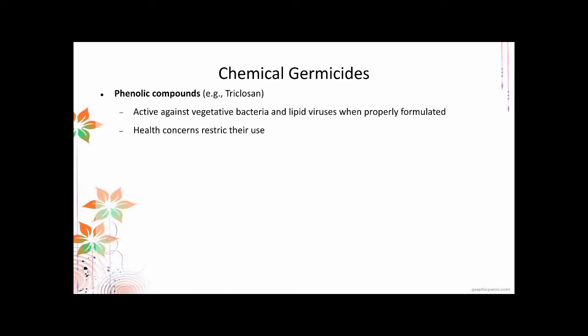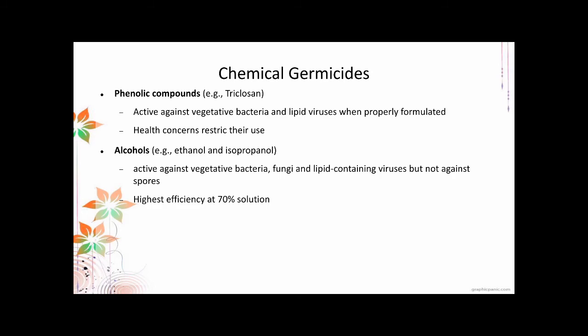Then we have phenolic compounds, an example of which is triclosan. They are active against vegetative bacteria and lipid viruses when properly formulated. But because they are phenolic, there are some health concerns in their use. By the way, triclosan is an active ingredient in your soap. And then alcohols. Alcohols such as ethanol and isopropanol are active against vegetative bacteria, fungi, and lipid-containing viruses, but not against spores.